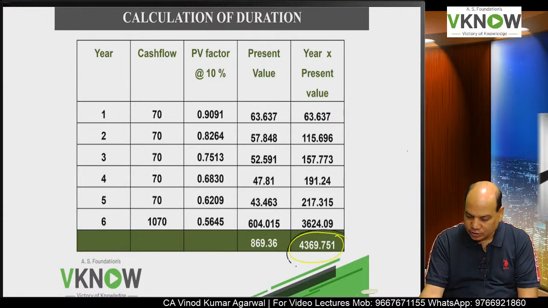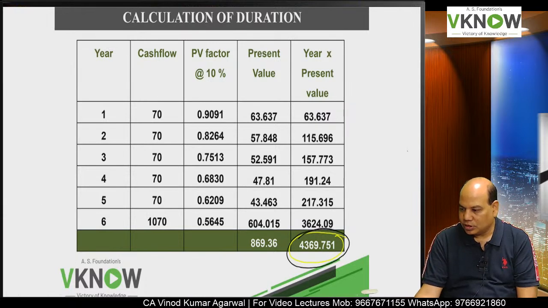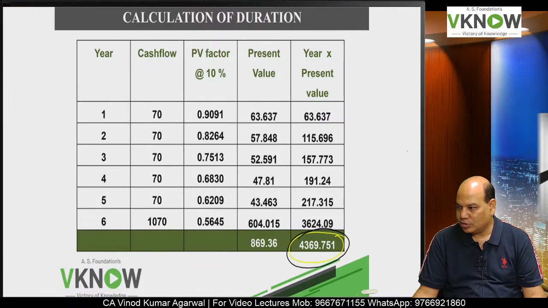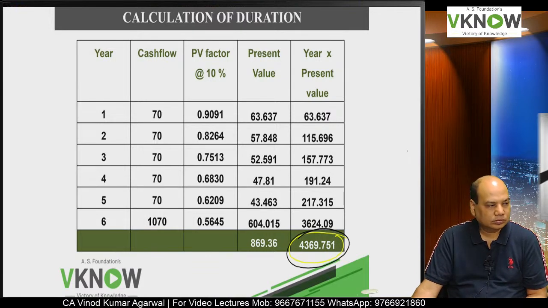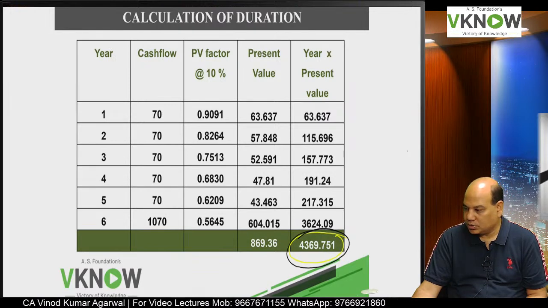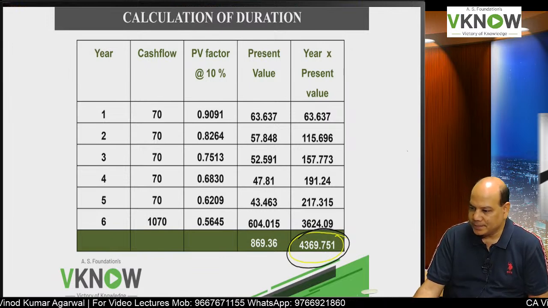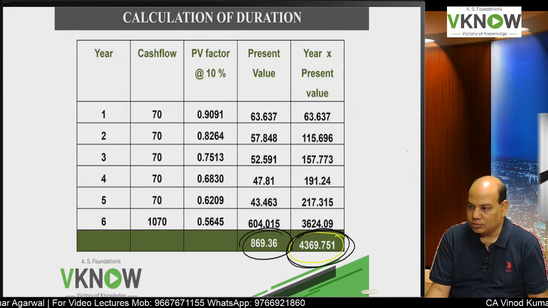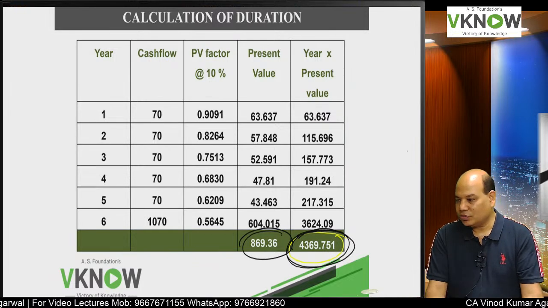If it is different, then tell me. 4369, is it same or different? 4369.751. Okay, so take this last column number, divide by present value, and what is the duration?